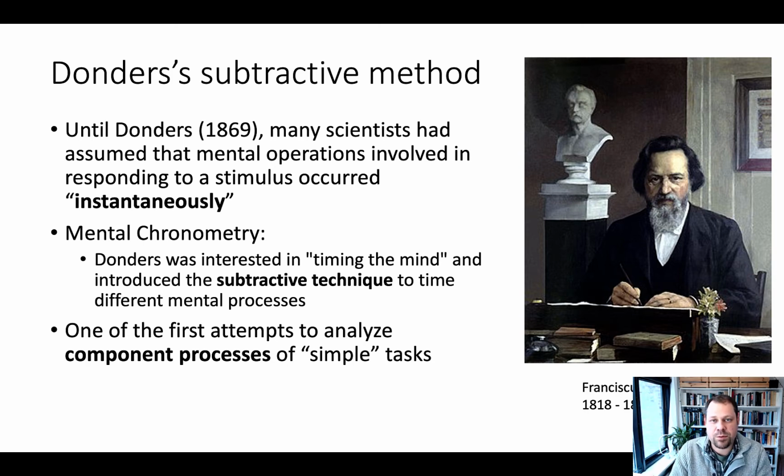And this was then referred to later as mental chronometry, because he started measuring the timing of these subcomponents in very simple tasks, which we'll go over in a second. So he was quite influential, actually, in that many scientists up until this point assumed that mental operations basically responded to any kind of stimulus, any kind of task or decision, basically instantaneously.